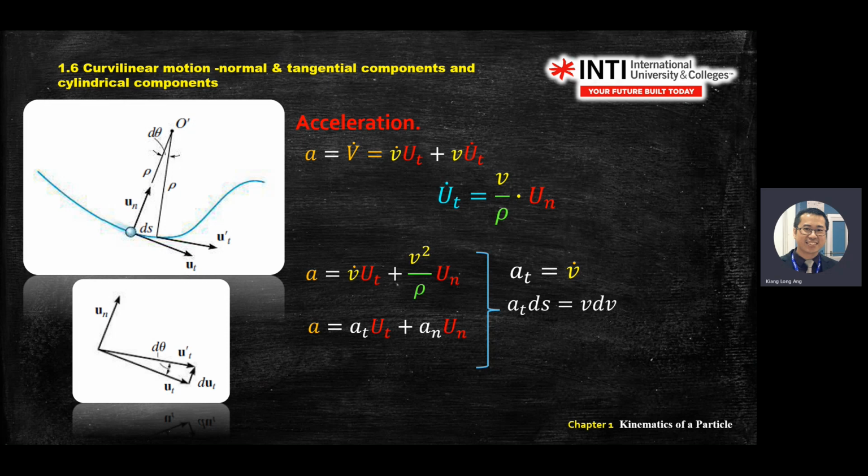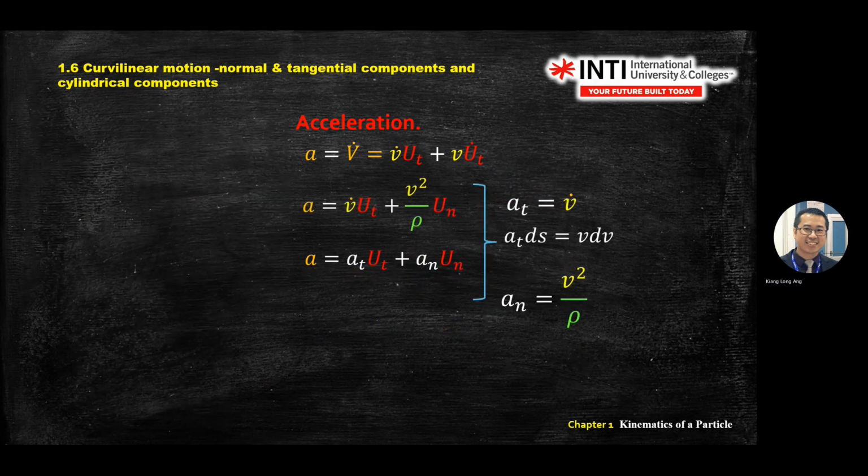The time differentiation of velocity. How to find a n, fixed already, this equation, v squared divided by rho. Because most of the time, sometimes we give you the equation of velocity, then you differentiate, you get acceleration in tangent. Then you find the normal component. Then you find the resultant acceleration.